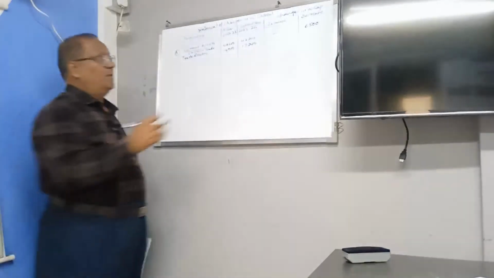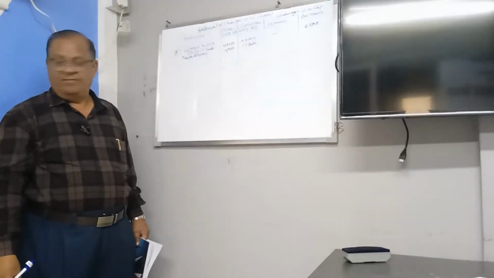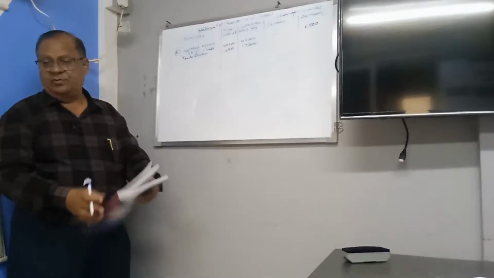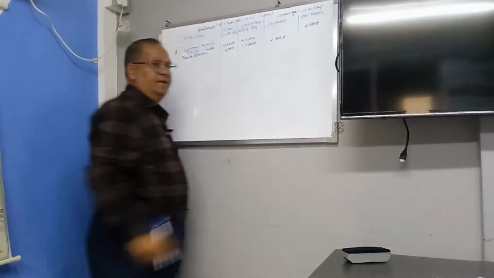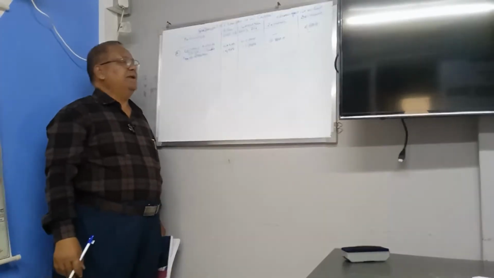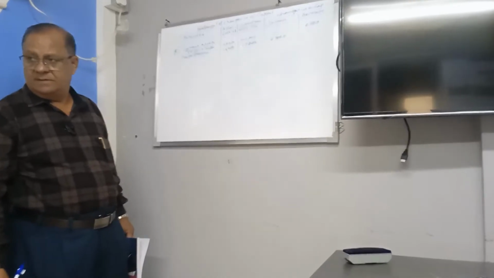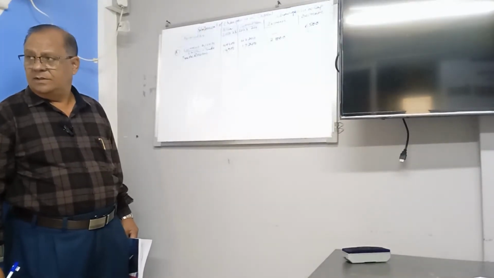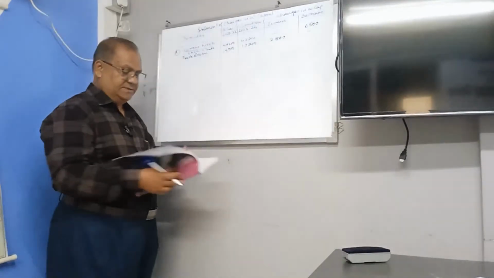How much is the increase? From 17,700 minus 14,900, there is an increase of 2,800. Write it in the increase column. Correct? 17,700 minus 14,900, 2,800 increase it is.